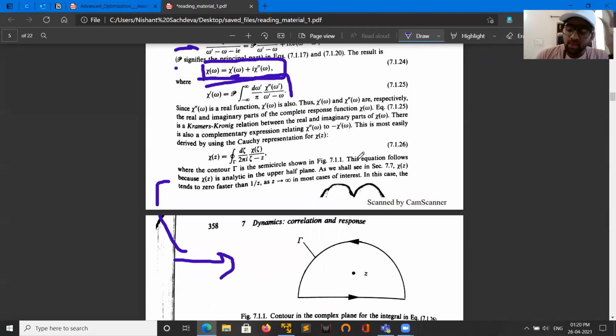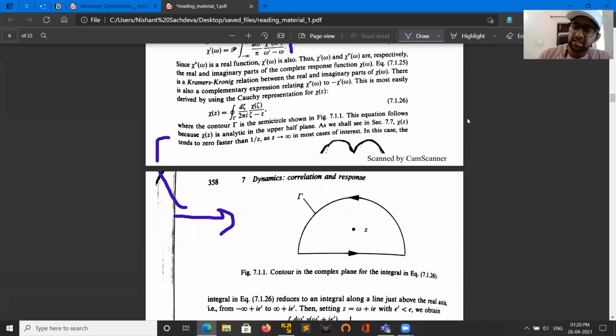As we shall see in section 7.7, this is again a promise: x of z tends to 0 faster than 1 by z as z tends to infinity, in most cases of interest.